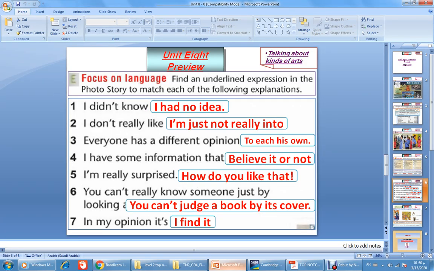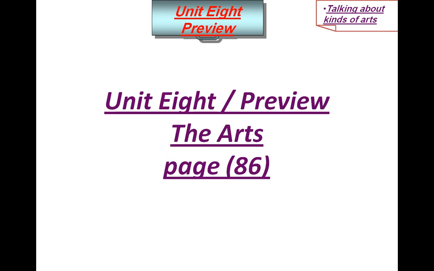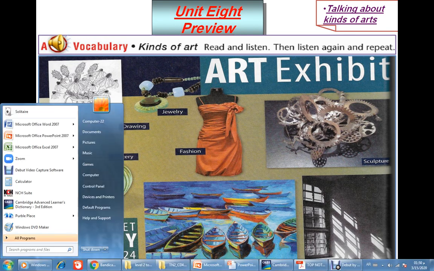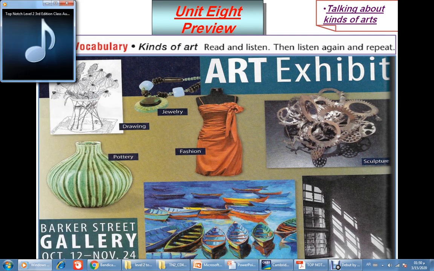Unit 8, the arts. Page 86. Exercise A. Vocabulary. Kinds of art. Read and listen. Drawing. Jewelry, Jewelry, Fashion. fashion, sculpture, sculpture, Pottery. pottery, painting, painting, Photography. photography.